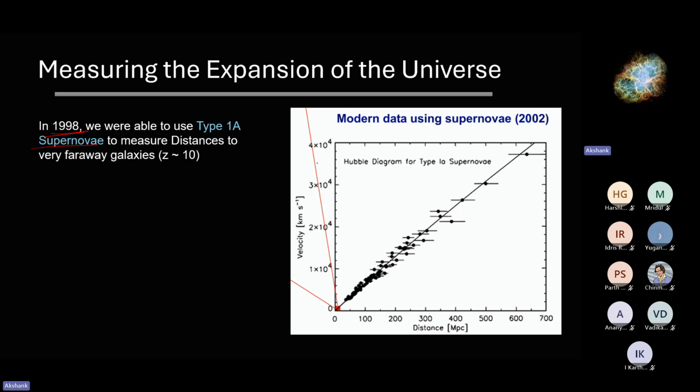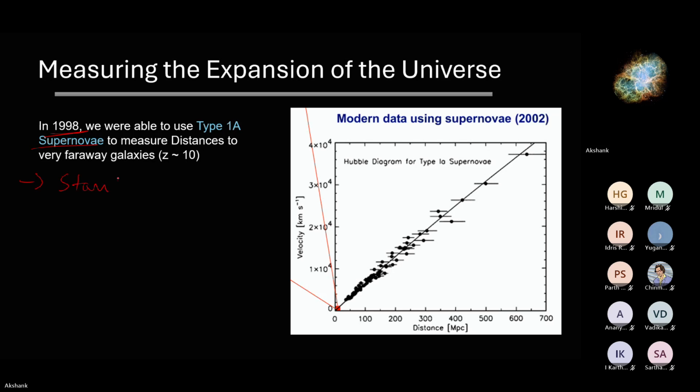Wait, what am I doing? This is type 1A only. So this is type 1A supernova, which is used as a standard candle.